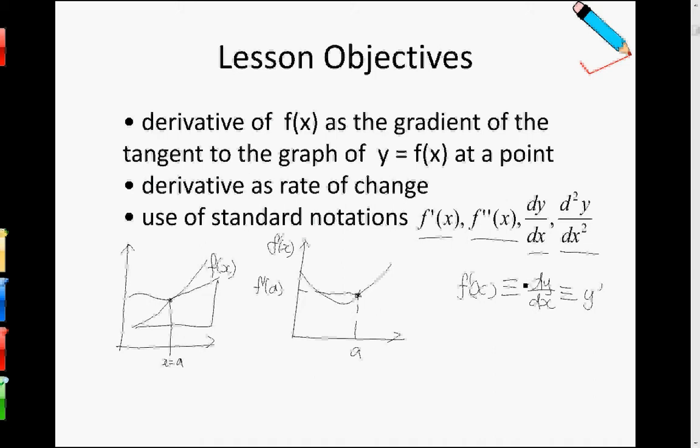If y equals f(x), then y prime equals f prime of x. Similarly, if we do double differentiation, this is equivalent to d2y/dx squared, and also equivalent to y double prime.